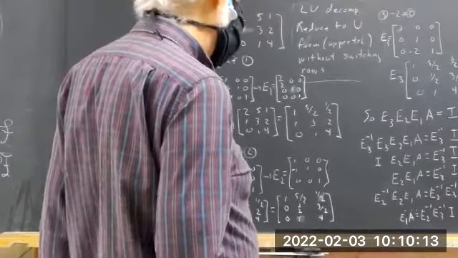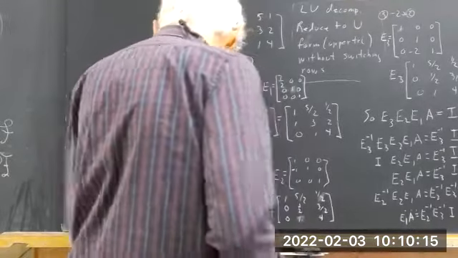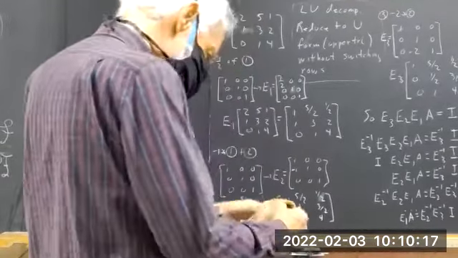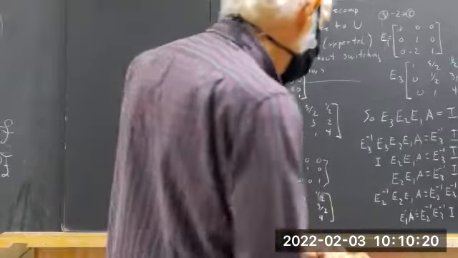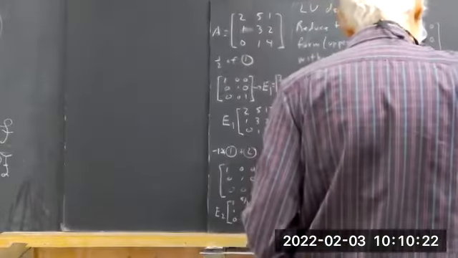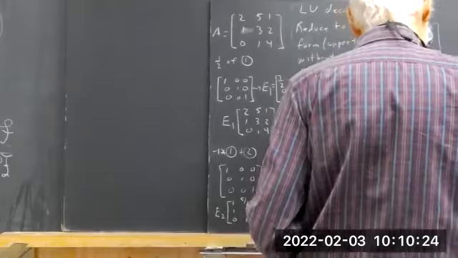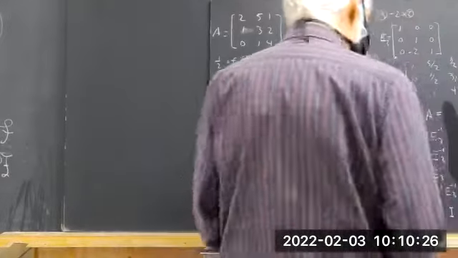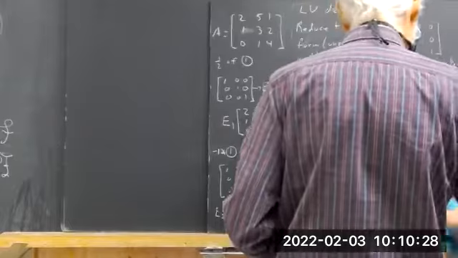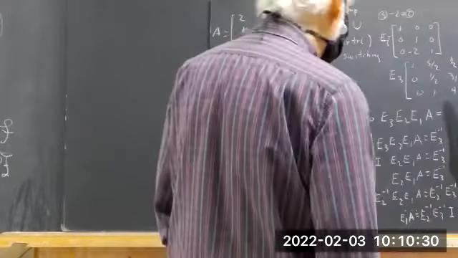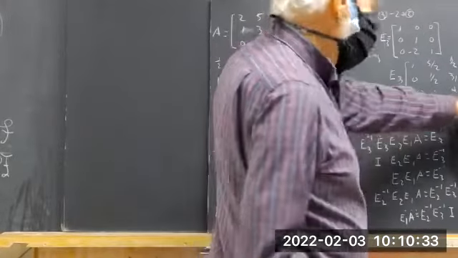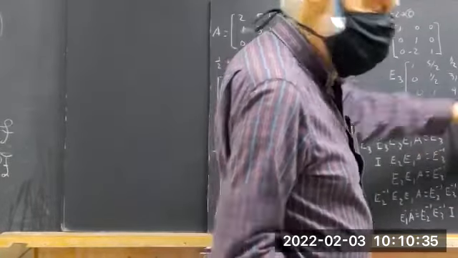And you know what? I keep writing things down without thinking, so feel free to say, hey, whatever you think of. It doesn't equal the identity matrix, it equals this matrix, right?